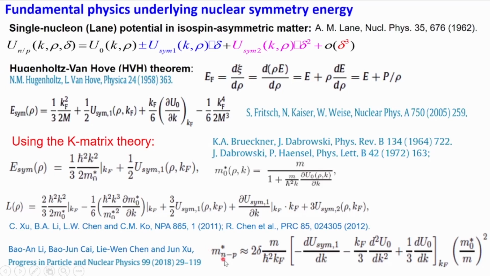In particular, the so-called neutron-proton effective mass splitting in neutron-rich matter with isospin asymmetry delta is determined by these 3 terms. The last 2 terms more or less cancel out. So the effective mass splitting between neutrons and protons is mostly determined by the momentum dependence of the symmetry potential.